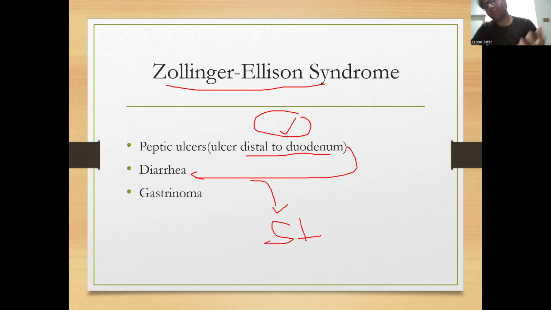Because of inactivation of the pancreatic enzymes due to decreased pH, since increased gastrin means increased acid and so decreased pH. The pancreatic enzymes don't find their optimum pH, leading to diarrhea, ulcer distal to the duodenum, and gastrinoma. It is a gastrin-secreting tumor, and the common location is the pancreas.